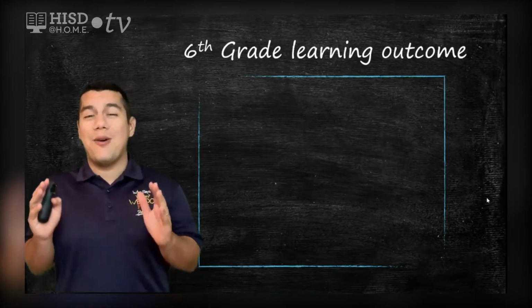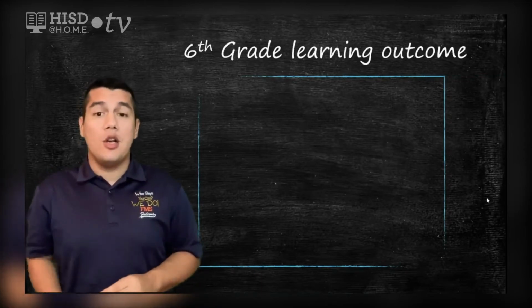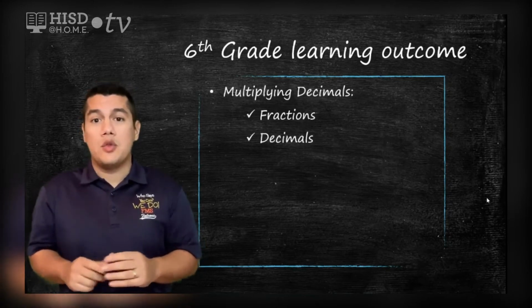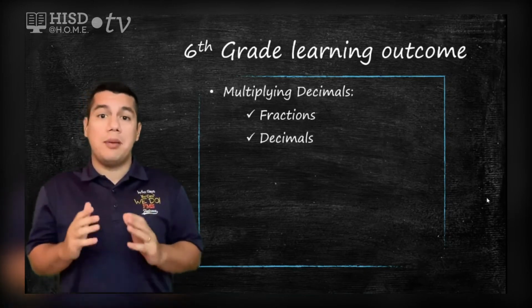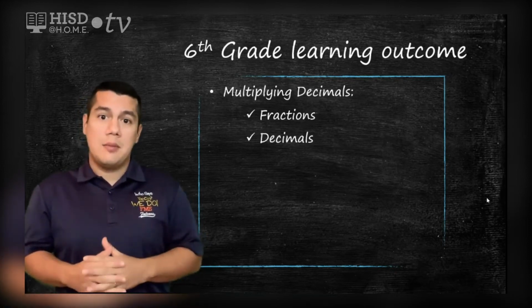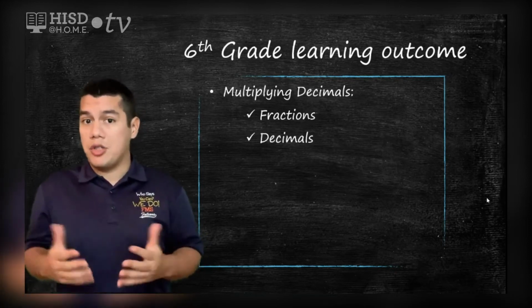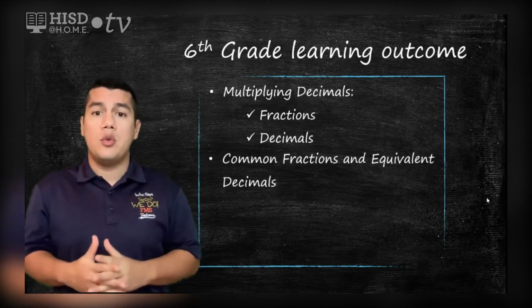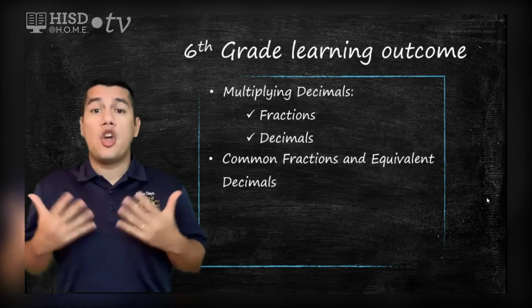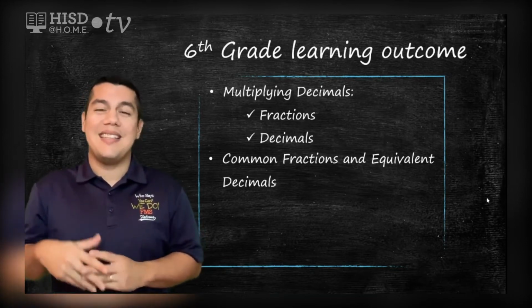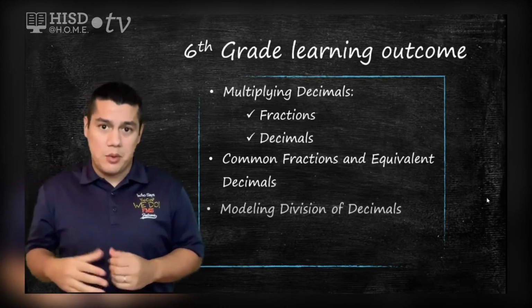So for our sixth graders, the learning outcome today was to learn how to multiply decimals times other decimal numbers and times fractions. We also learned how to get common fractions and how to calculate their equivalent decimals.